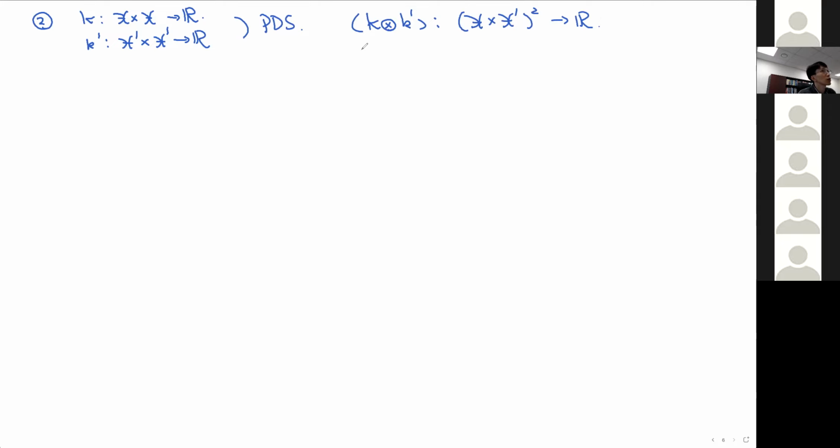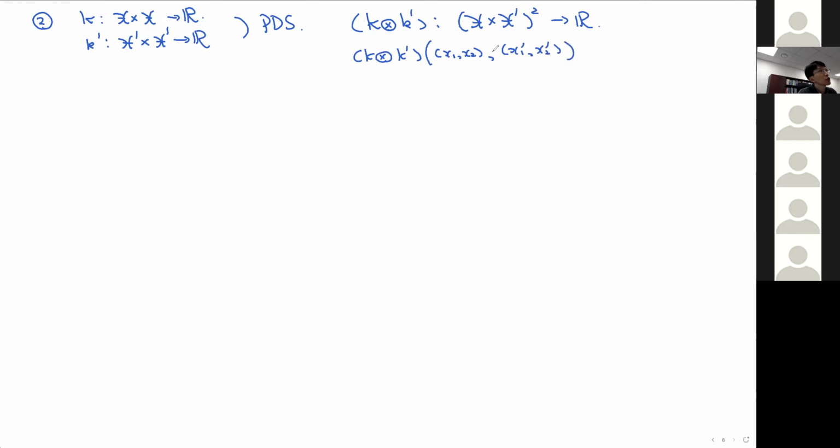And the definition is quite what you can expect. We have x1 and x2, then also x1 prime and x2 prime.